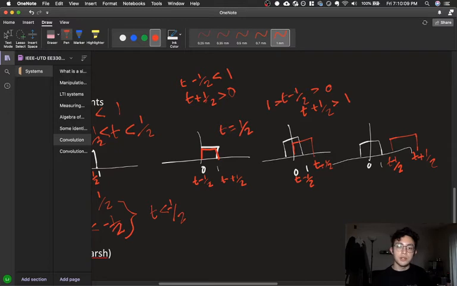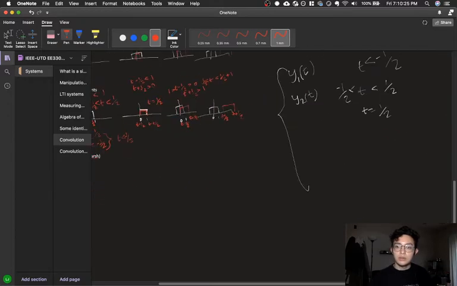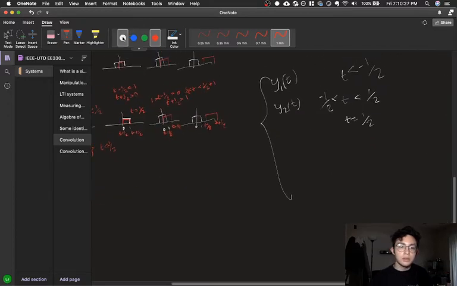So solving out for t again, we'll have t from 1/2 to 3/2, and greater than 1/2. So let's keep track of that here.